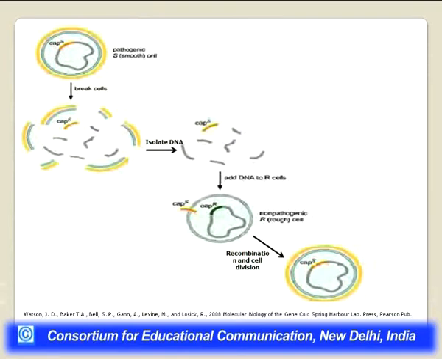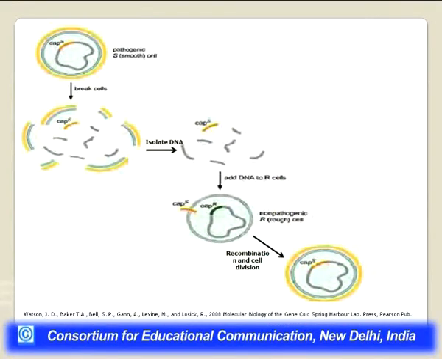So they isolated the sheared DNA and added the DNA to the R cells. When this cap gene got inside the R cells, it recombined with the cap gene which was present and which was not responsive, basically not causing the capsulation to occur. When the recombination occurred and cell division occurred, then the R cells could form the capsule.